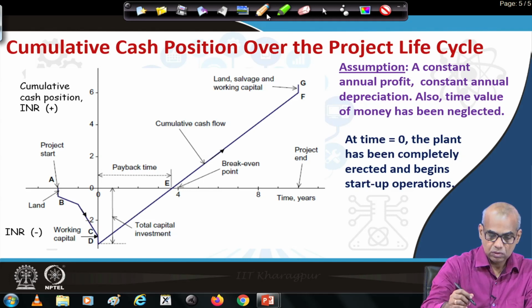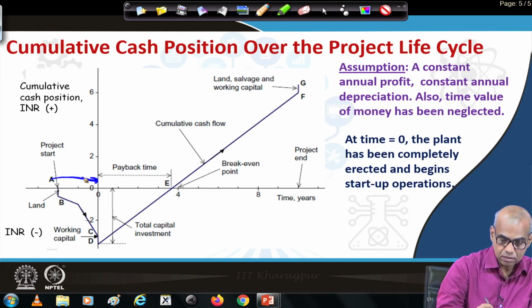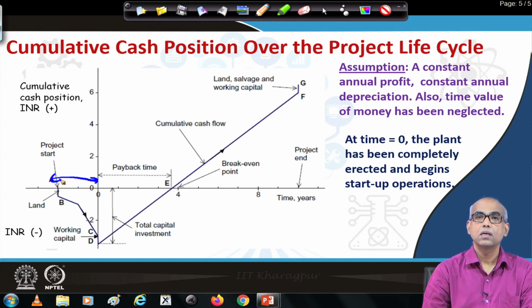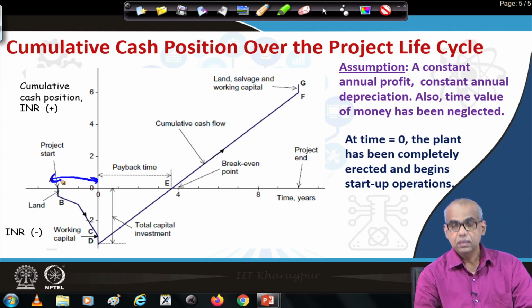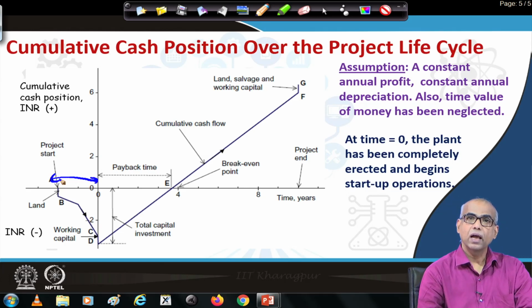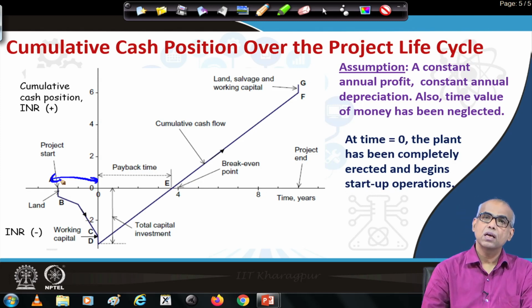This is the period over which you buy land, you put in your capital investment, fixed capital investment as well as working capital investment, you do the startup operation, and time 0 coincides with the time at which the operations start and the plant sells the products and revenue is earned.